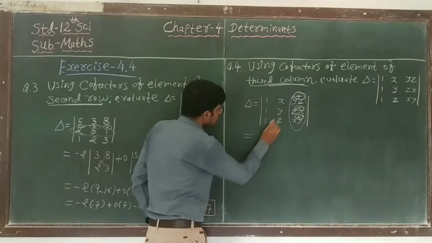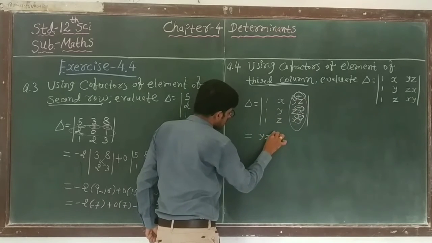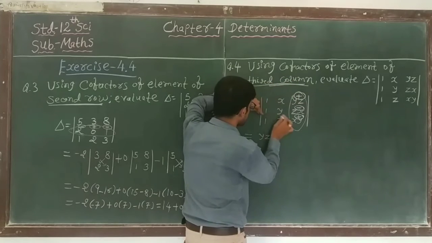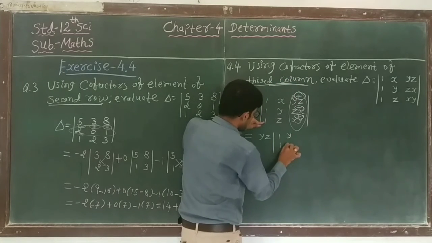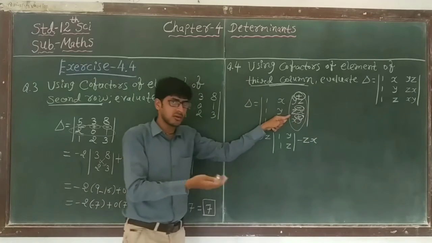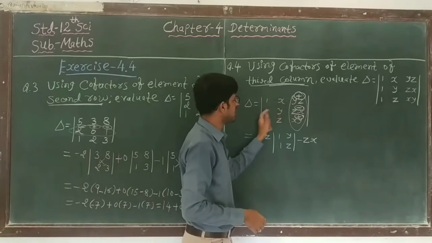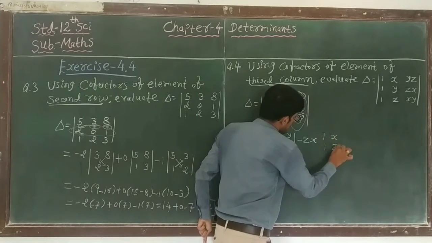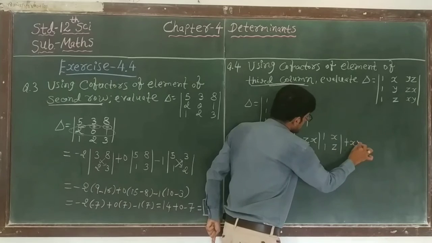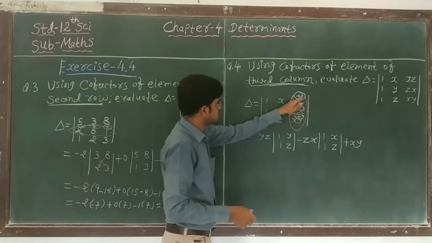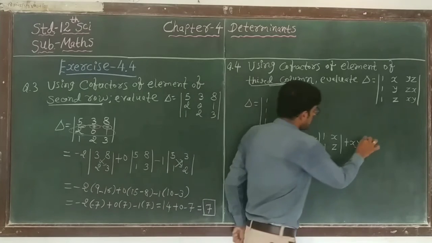So first write down yz. We have to remove the respective row and column, so remove the third column, first row. So remaining is 1 by 1z. Next minus zx. We have to remove the second row, third column. So 1x, 1z. Plus xy, because plus xy, we remove the third column, third row: 1x, 1y.